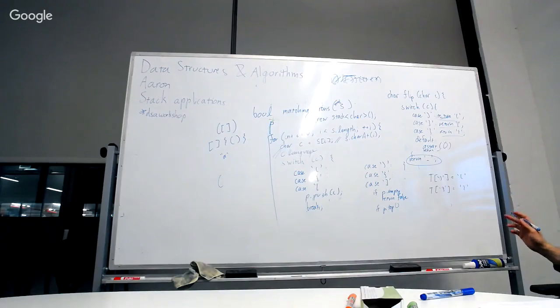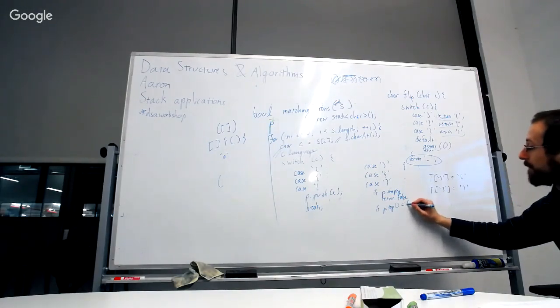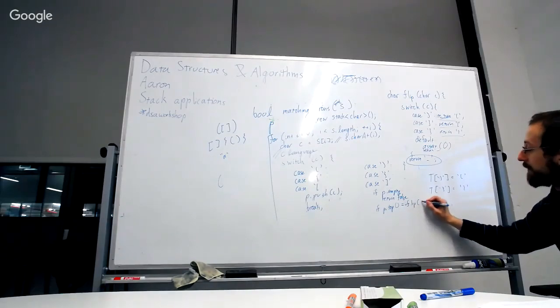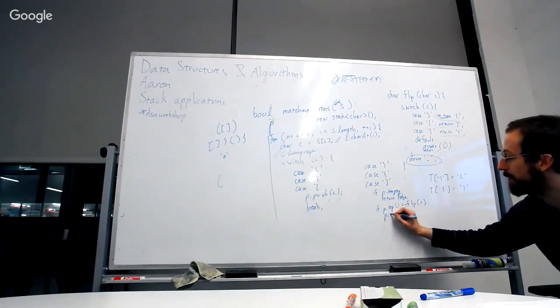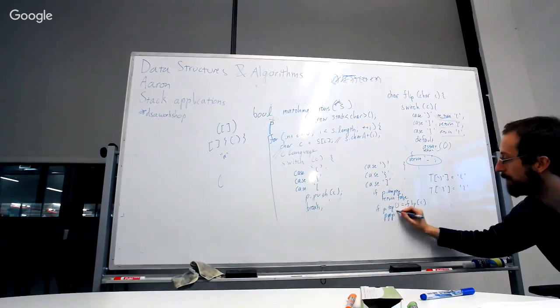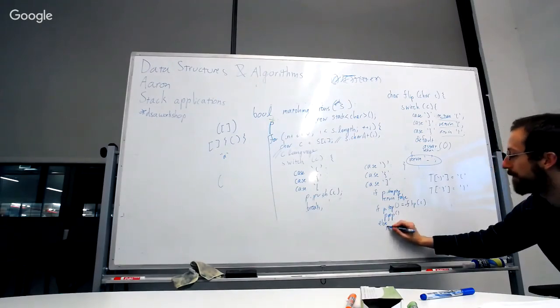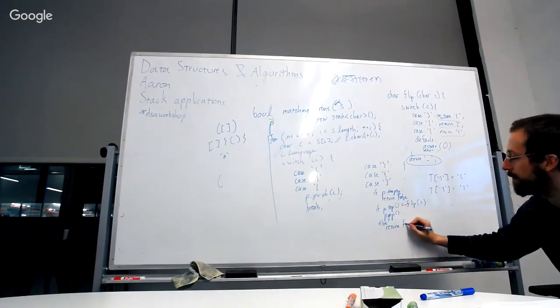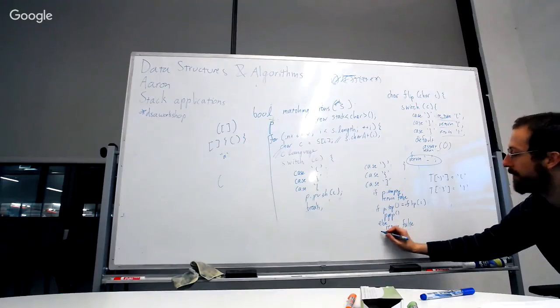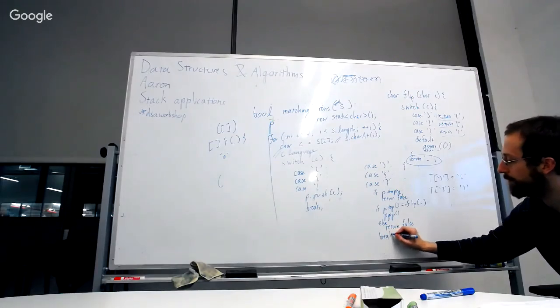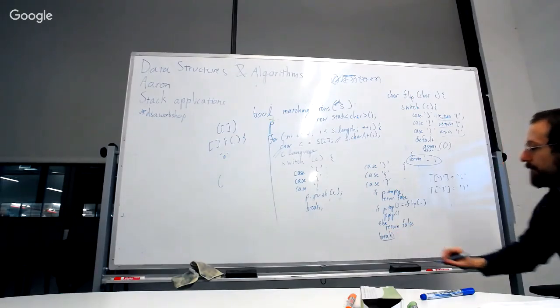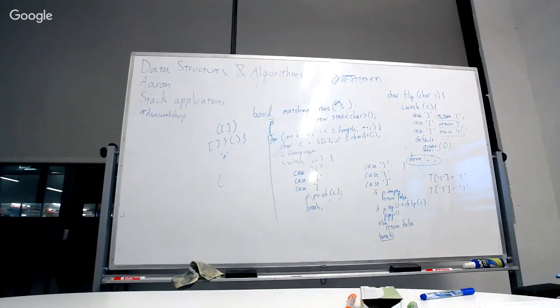But anyway, if P.top is the flip of C, P.pop, else return false. And never forget the break.